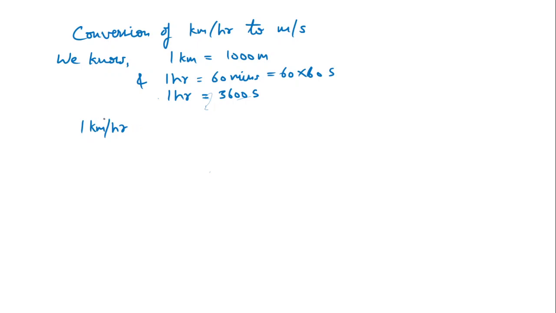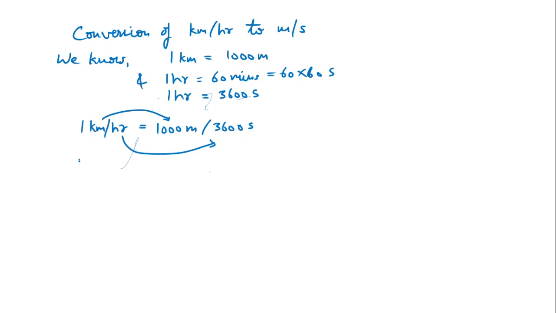So first of all we will convert 1 kilometer into meter. We already know that 1 kilometer is equal to 1000 meter, divided by 1 hour, and 1 hour is equal to 3600 seconds.